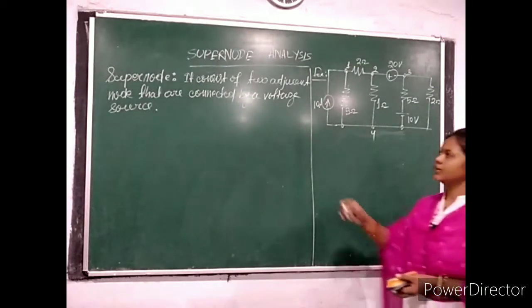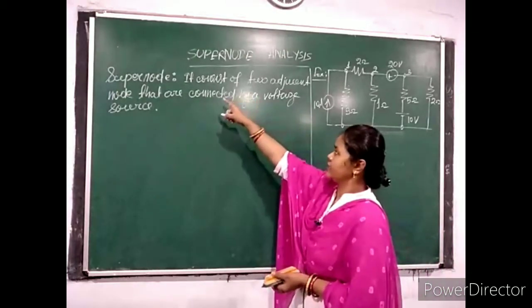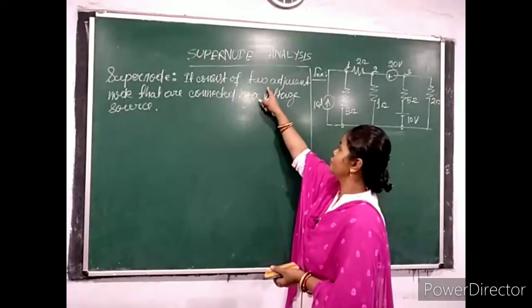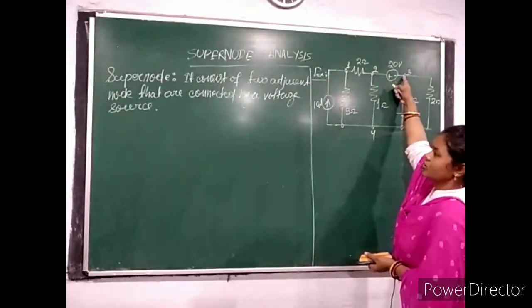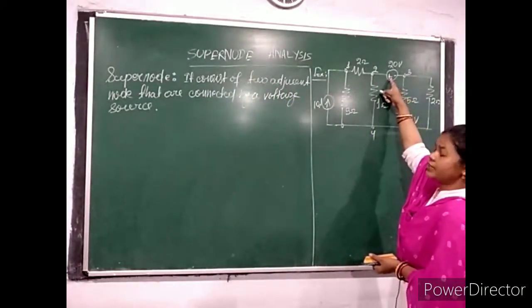What is a supernode? It consists of two adjacent nodes that are connected by a voltage source.